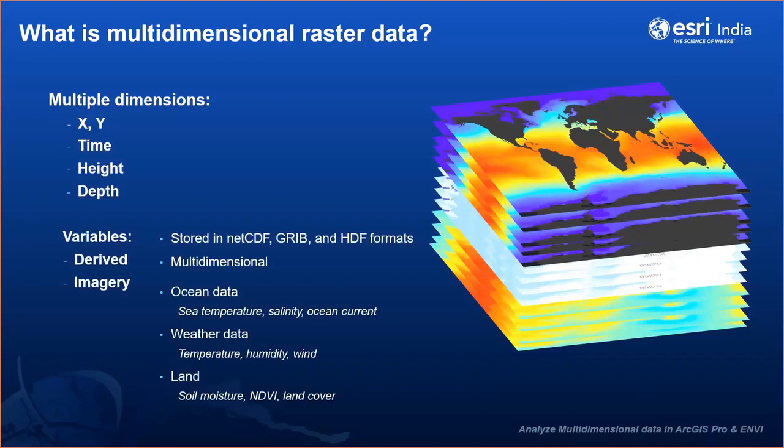Either you can talk about ocean data, where you can work on sea temperature, or weather data, or land like soil moisture, NDVI, and land cover. You can use these data sets and perform analysis and understand what's going to happen in the future. So you can predict and forecast and understand the next 40 years, next 100 years, or so on.